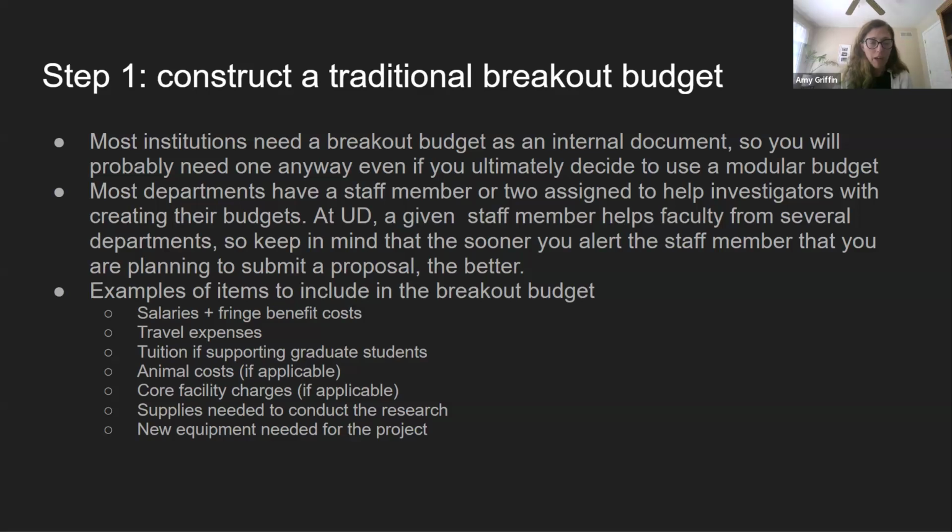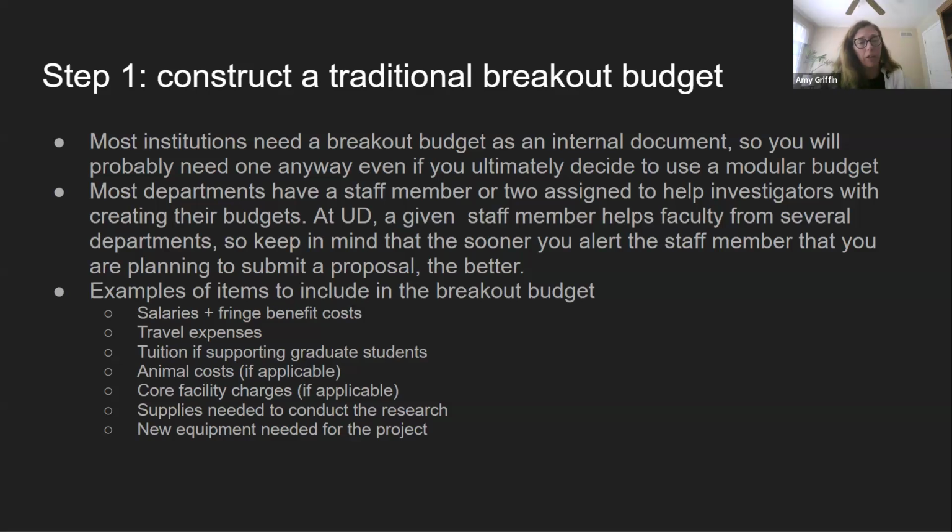Equipment, on the other hand, at University of Delaware, there's a $5,000 maximum that you can use to call something supply versus equipment. So if you're purchasing one piece of equipment that is more than $5,000, then it needs to be designated as equipment and budgeted that way.